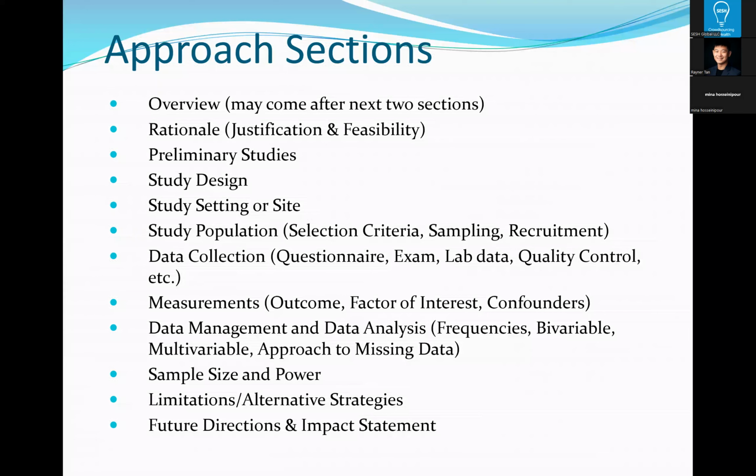I like the preliminary data as a separate section. If your aims are very disparate, then it might make sense to put the preliminary data with each aim. If you can write an approach by aim and it's all self-contained with the aim, then you might put the preliminary data in that.